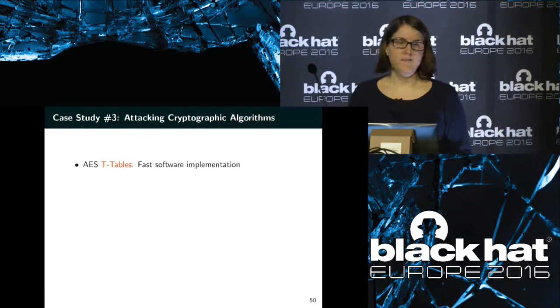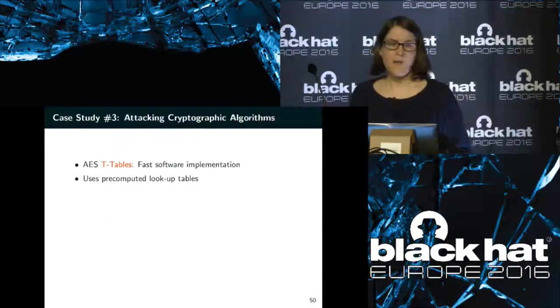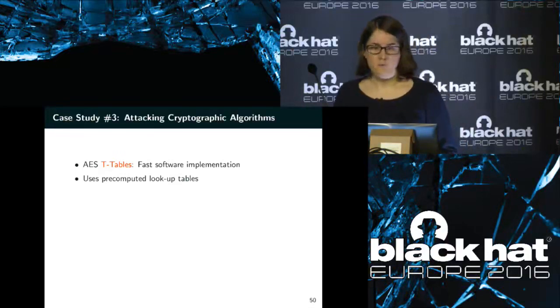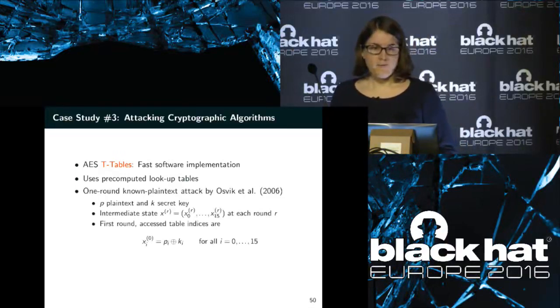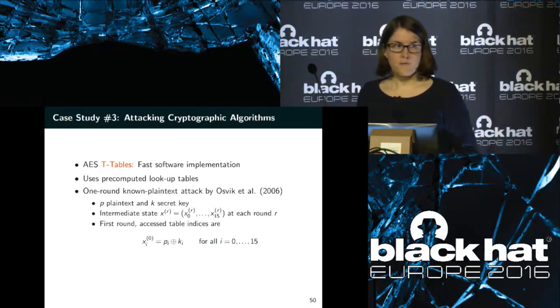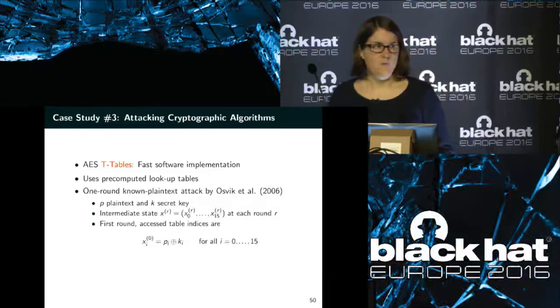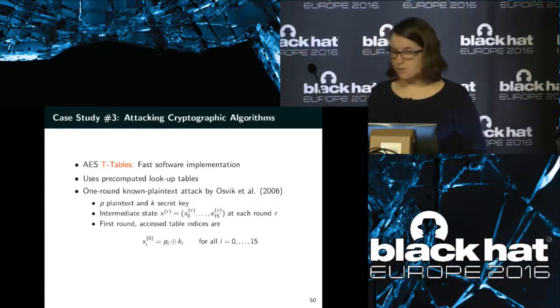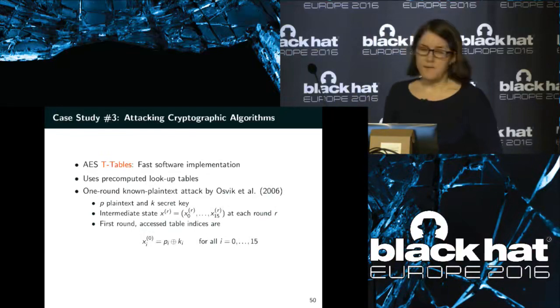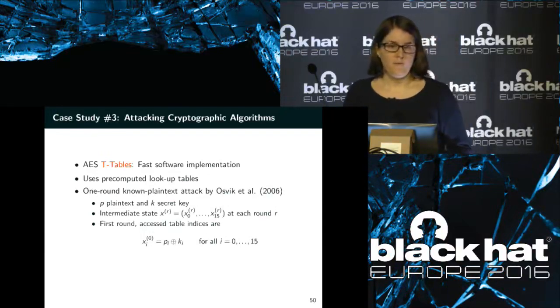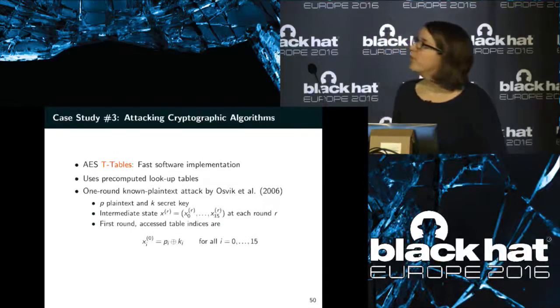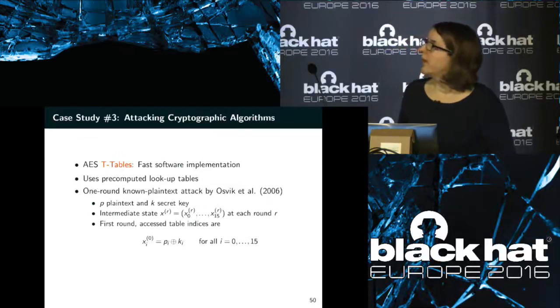So our use case is the AES T-tables, and this one is a fast software implementation because it uses some pre-computed lookup tables. Now the bad thing is that since 2006, it is known to be vulnerable to side channel attacks. The attack has been done by Osvik et al., and it's a one-round known plaintext attack. So you have P the plaintext and K the secret key, and at each round R, you're going to compute an intermediate state.